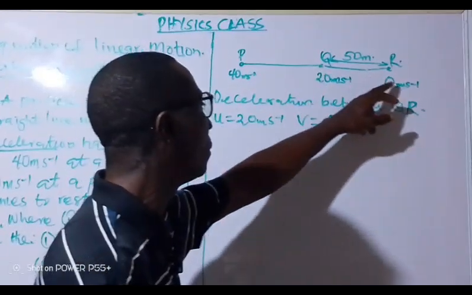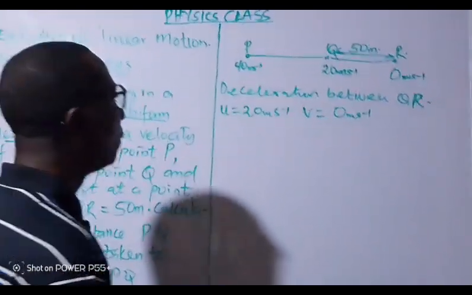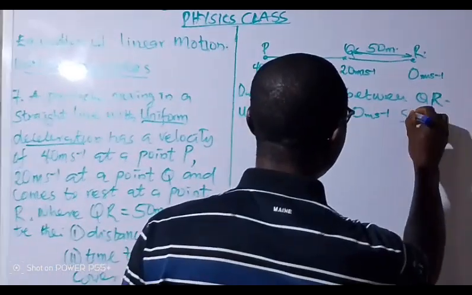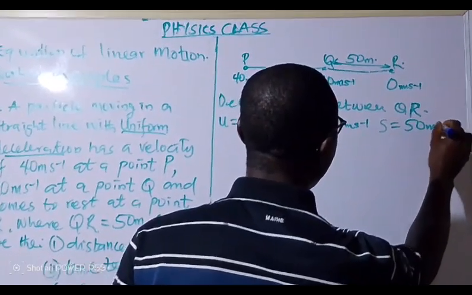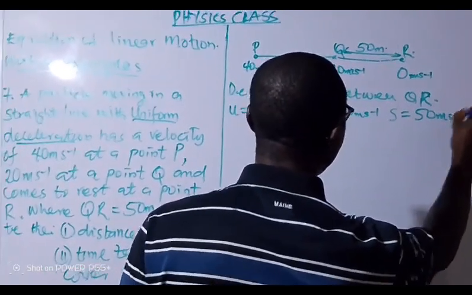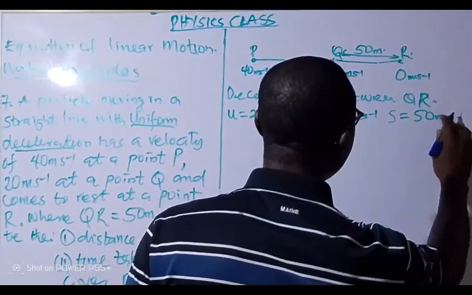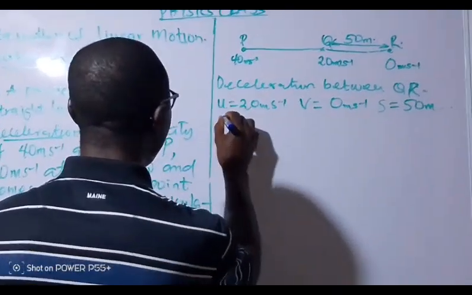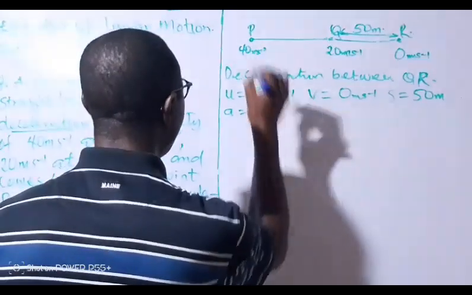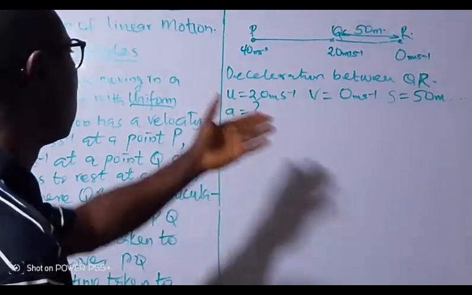Because the particle comes to rest. The distance S is known between QR, 50 meters. What do we need here? We need A, which is deceleration.